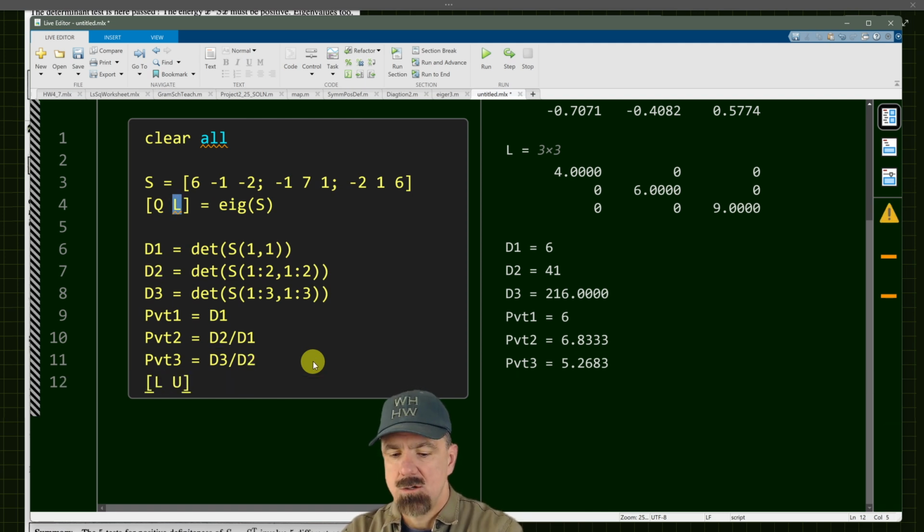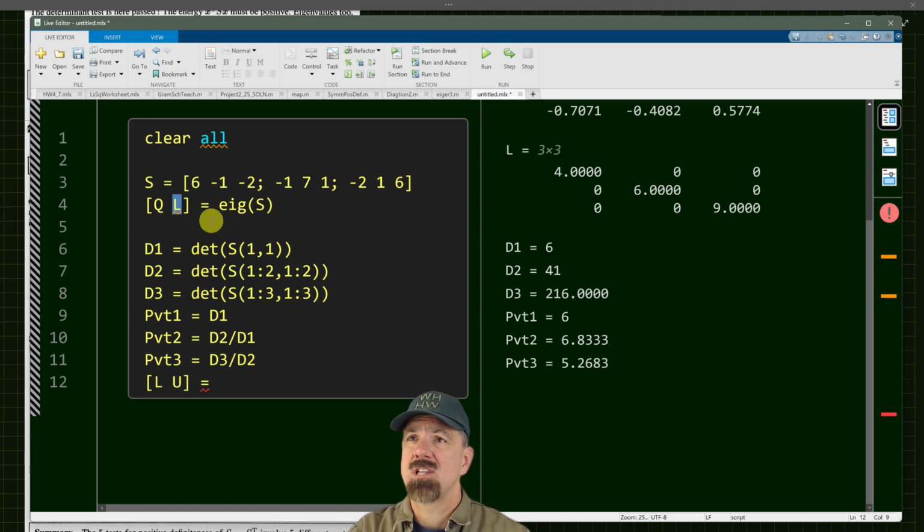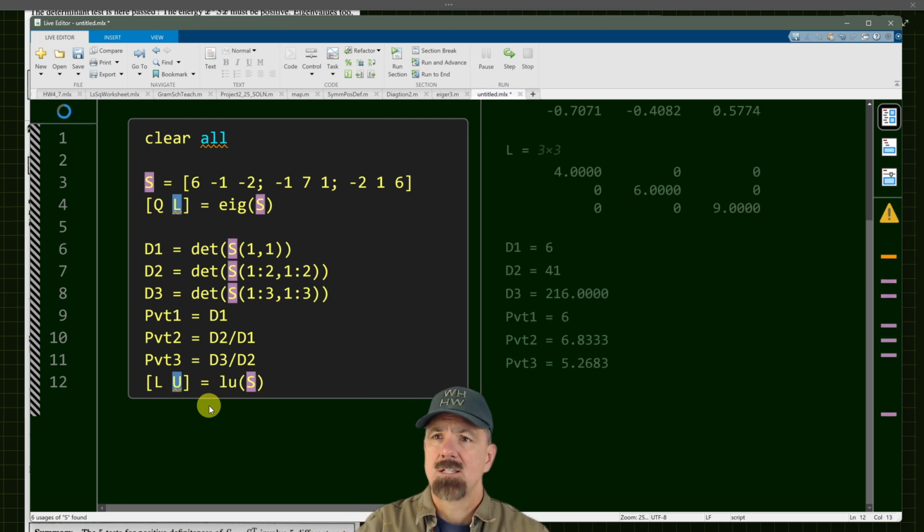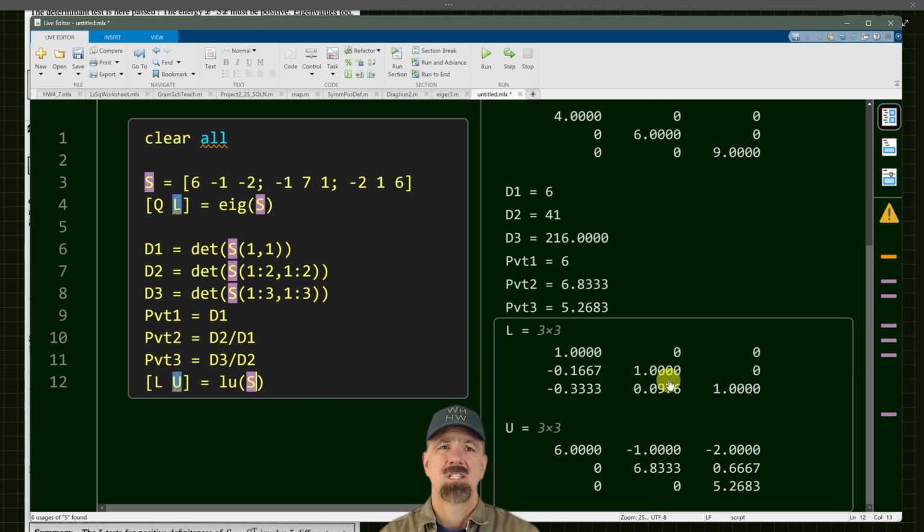So here's LU is equal to, and I'm stomping on top of the L, so I should call this something different, but I'm going to just stick with our LU designation. So I've got LUS. And we can see here's the lower triangular matrix.